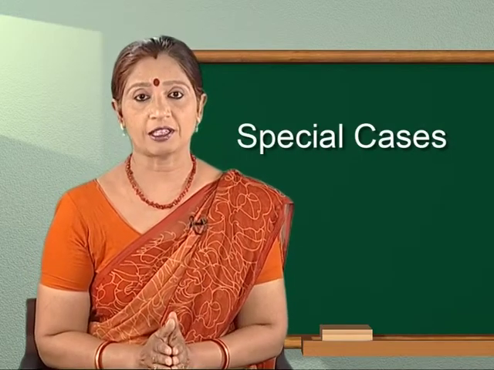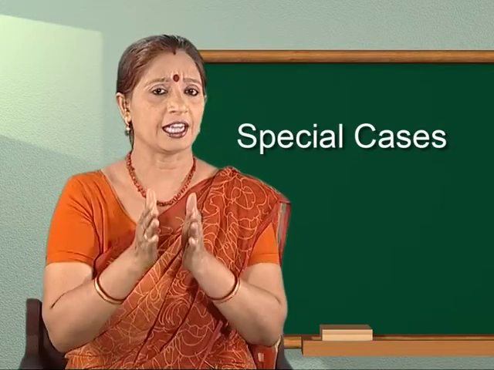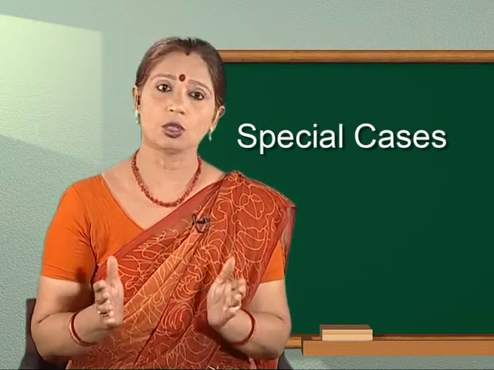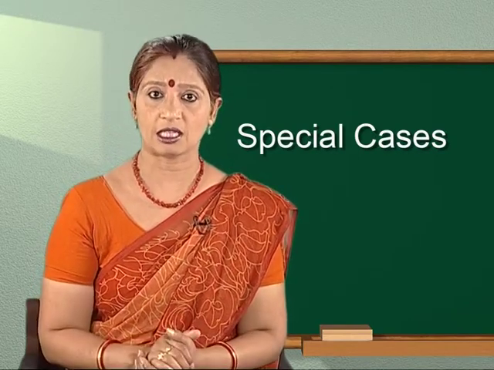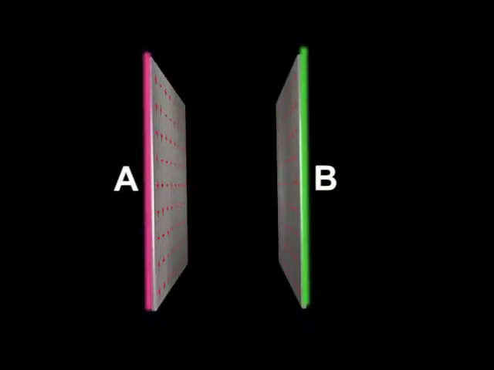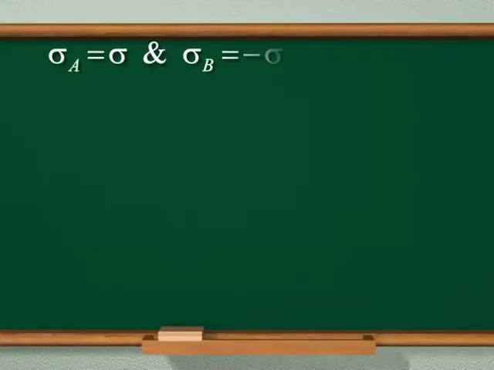Have you ever thought what will be the electric field due to infinite parallel plane sheets of finite charge if both the sheets have the same charge density and have opposite charges? In other words, if sigma A and sigma B are the charge densities of the first and second sheets respectively, then sigma A is equal to sigma and sigma B is equal to minus sigma.